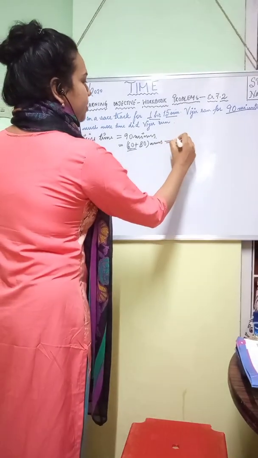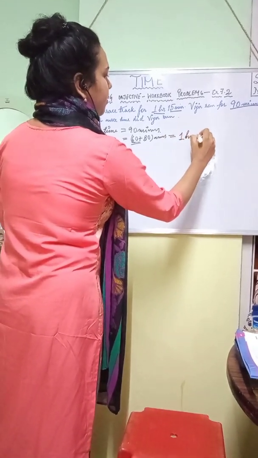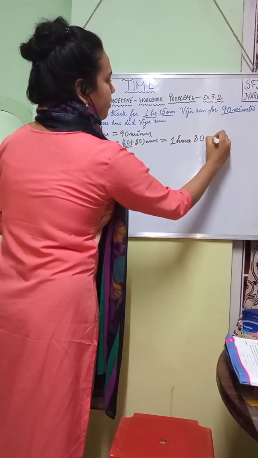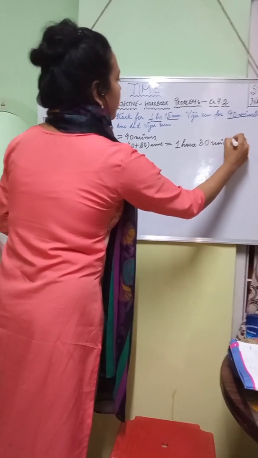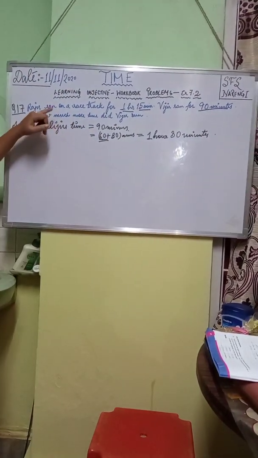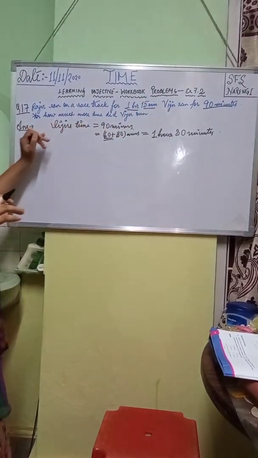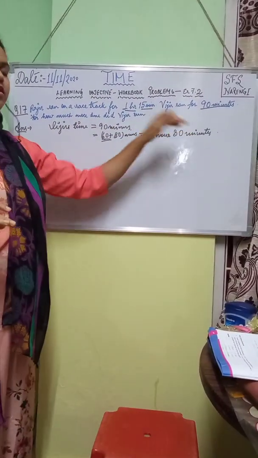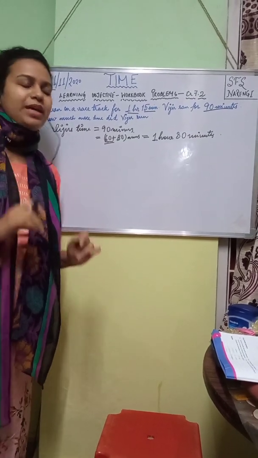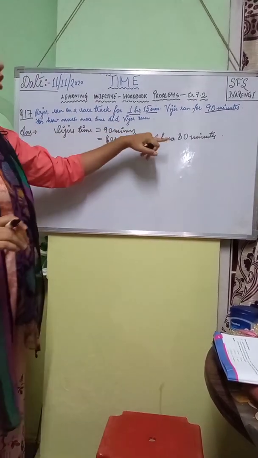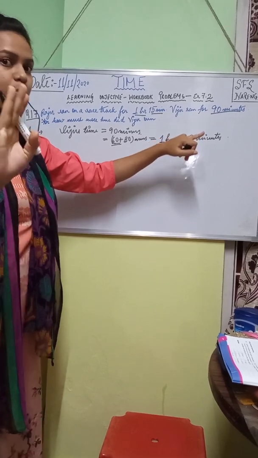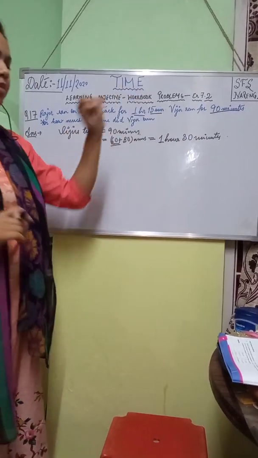So, Viju's time is 1 hour and 30 minutes. Now, see children, Raju ran for 1 hour and 15 minutes, and Viju ran for 1 hour and 30 minutes. Who ran for more time? Viju ran more, because 1 hour 30 minutes is more than 1 hour 15 minutes.